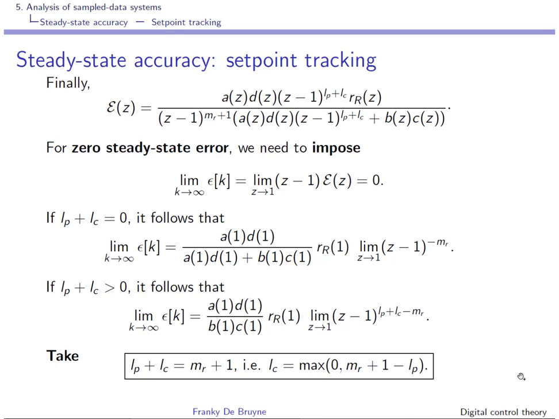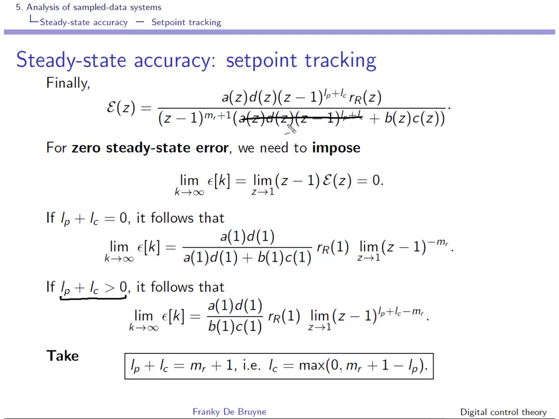We can now have a look at the situation where LP plus LC is larger than 0. Okay, so in this denominator here, factor, well, if LP plus LC is larger than 0 and you replace z by 1, this one will disappear over here, right?